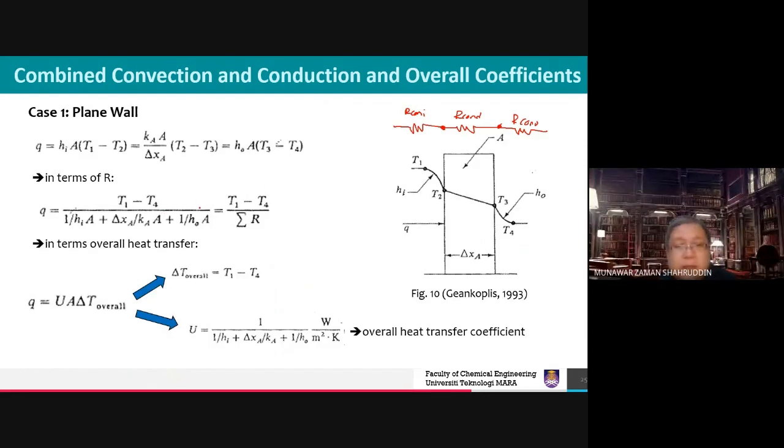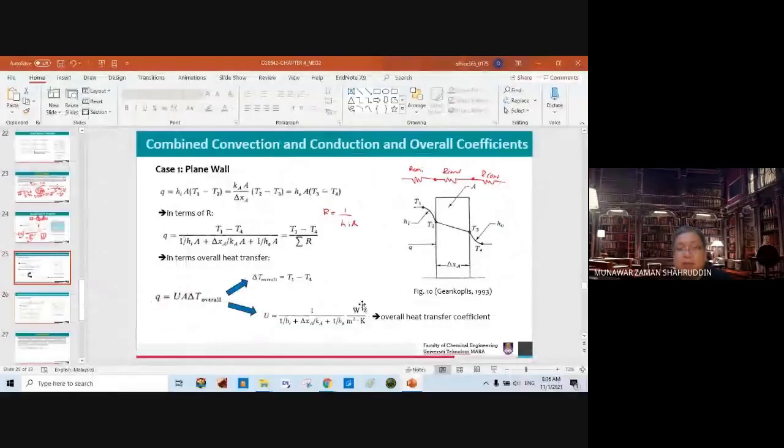The difference between convection and conduction is that if we have convection, R is basically 1 over hA. Luckily this time around the A is the same, because the height is the same.